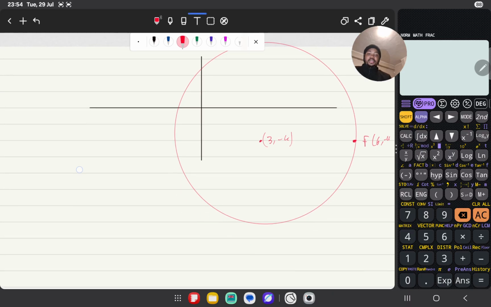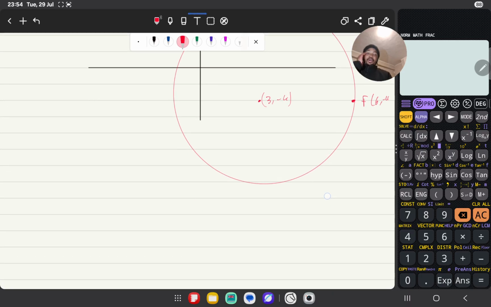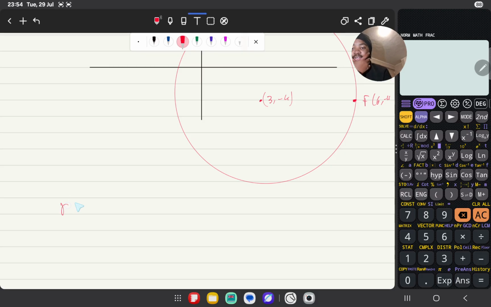Determine the equation of this circle. So we know we have to find r squared, and we know r squared is (y minus a) squared plus (x minus b) squared, where a and b is the center of the circle.